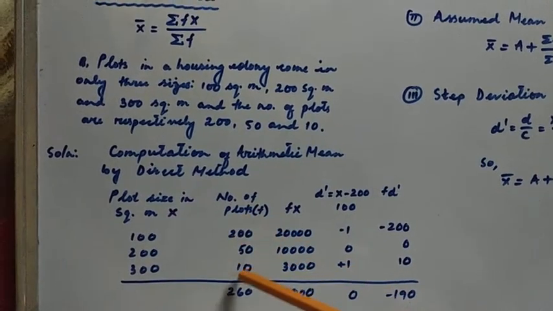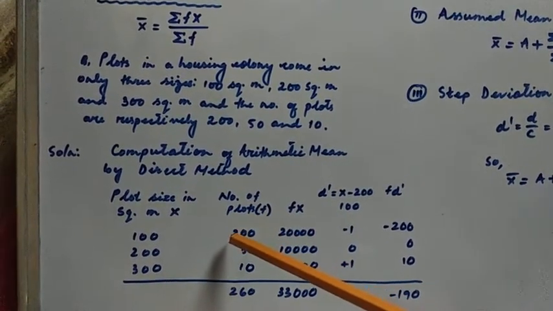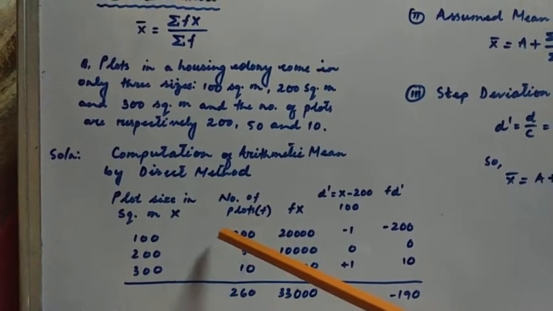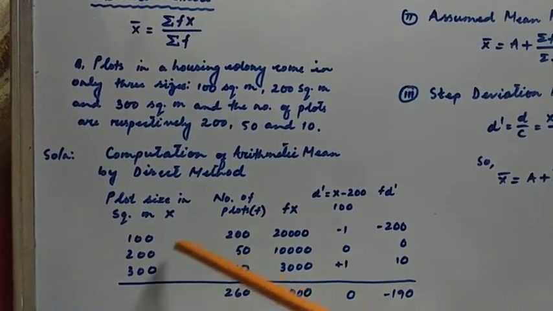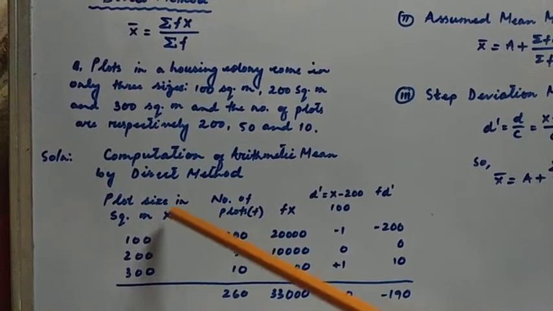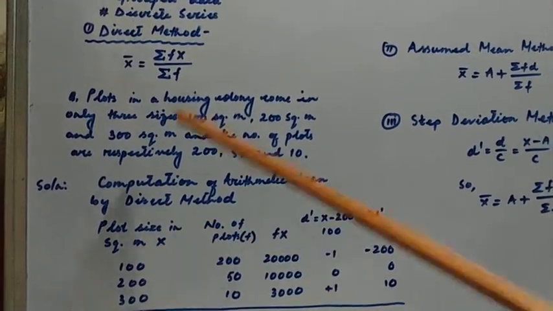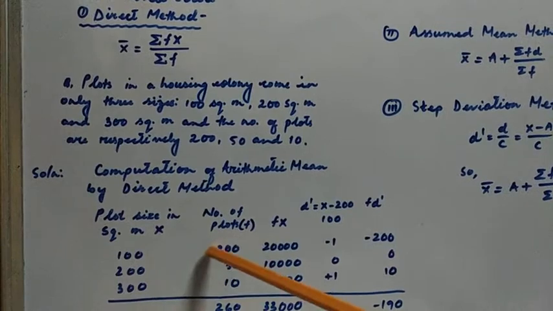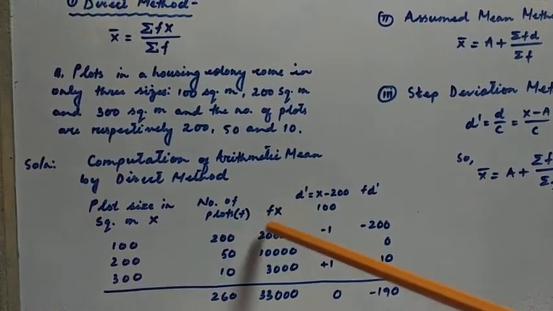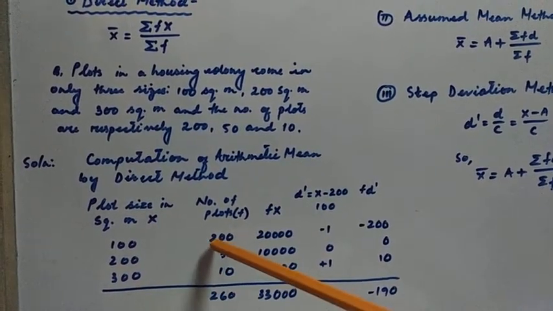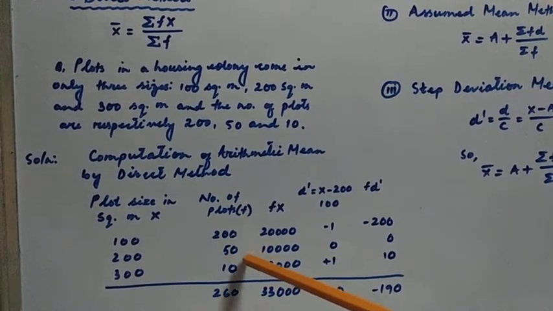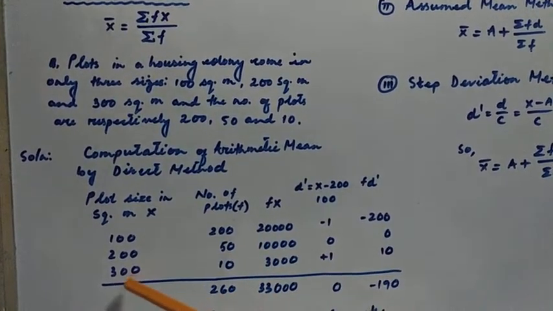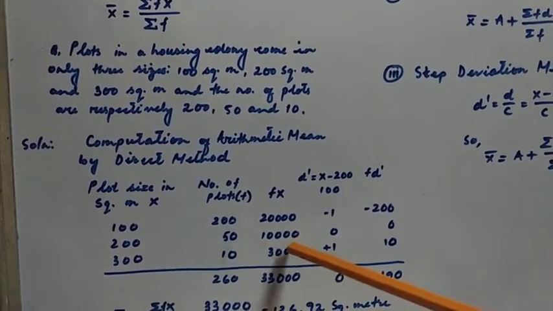We have to multiply these frequencies with the value of observations, so we have fx. 100 into 200 is 20,000, 200 into 50 is 10,000, 300 into 10 is 3,000.